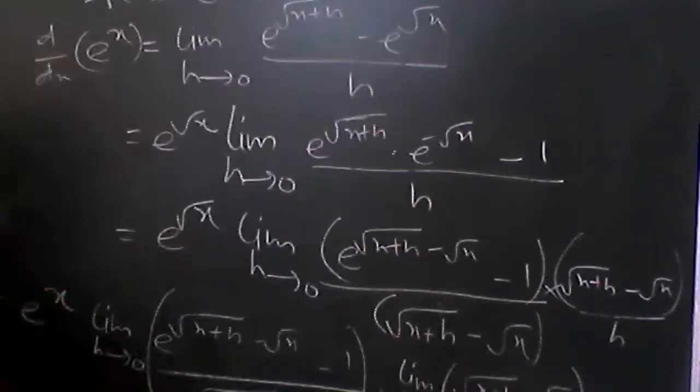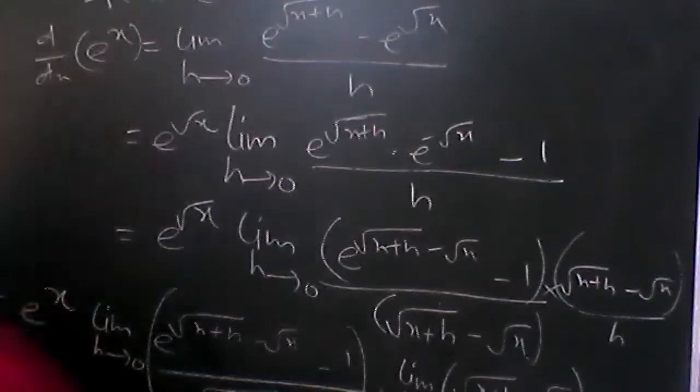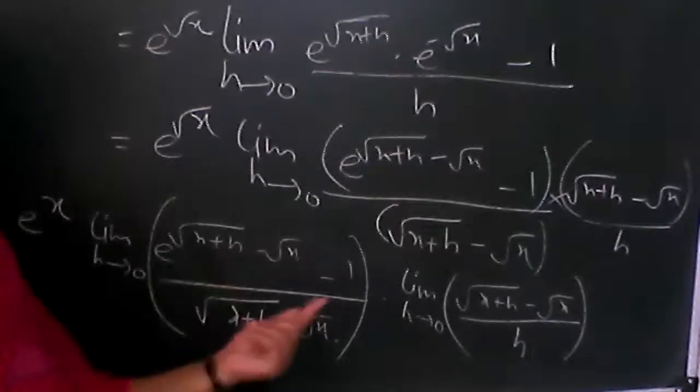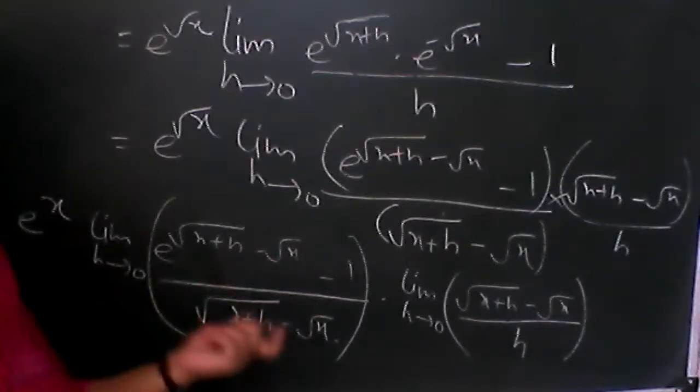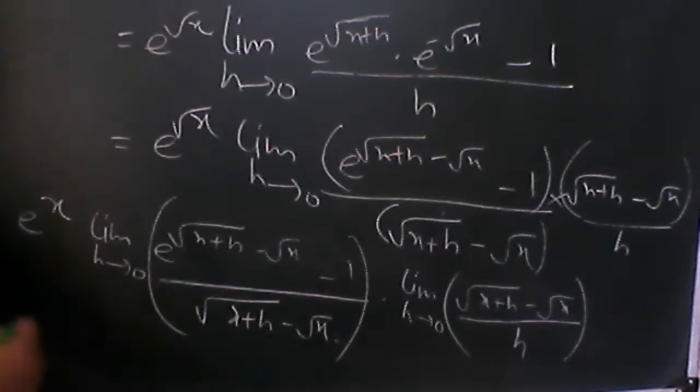Now students, what is the limiting value of e raised to bracket minus 1 upon same bracket? Here the standard form we are getting. So for this standard form, the limiting value is 1. So we have e raised to x into 1 into limit as h tends to 0 of root x plus h minus root x upon h.